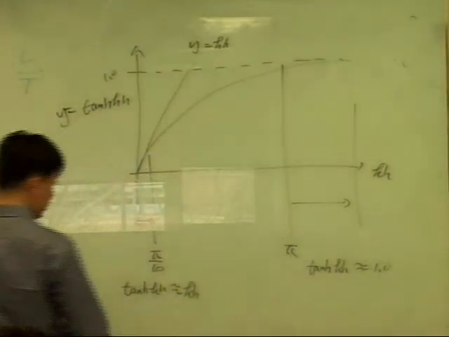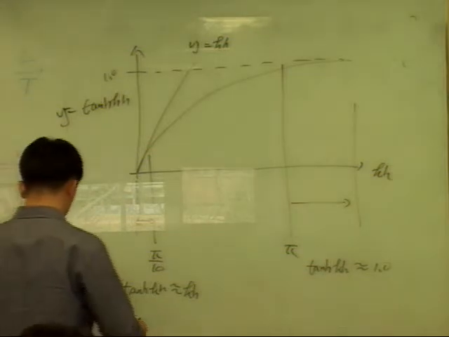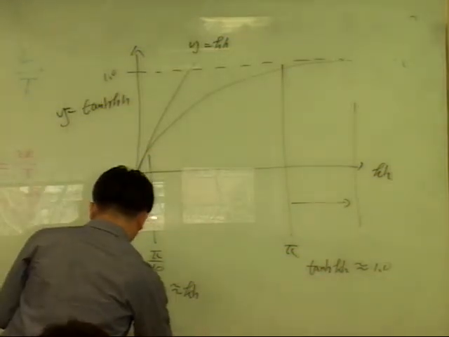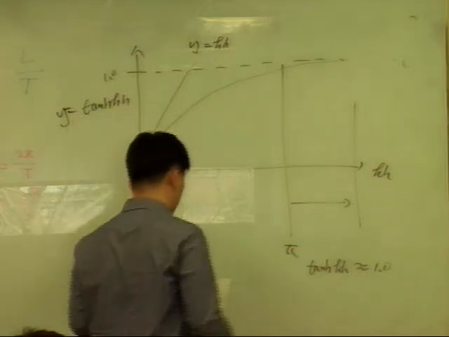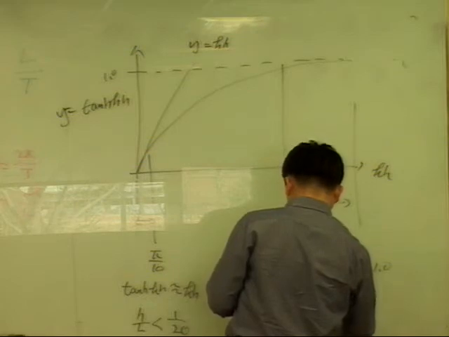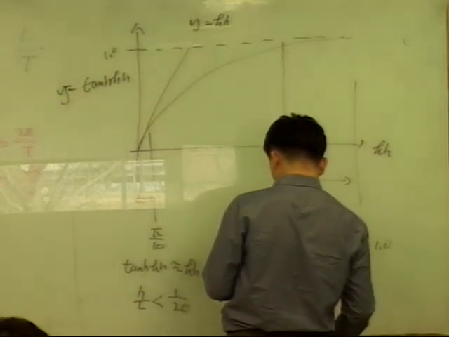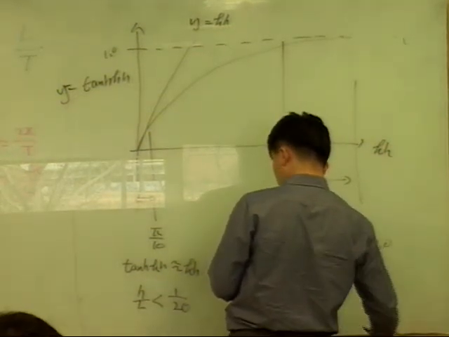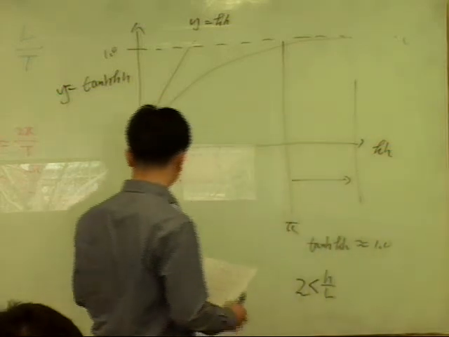Because k is 2 pi over L, this means h over L is smaller than 1 over 20 here, and h over L is bigger than 2 there.